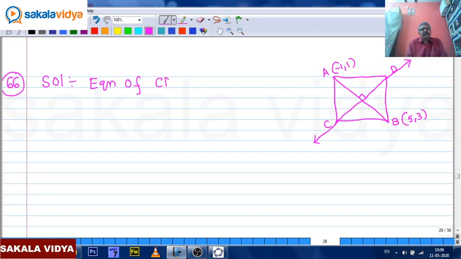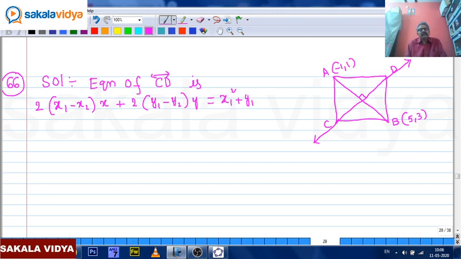The equation of CD is (x1 minus x2) times 2x plus 2 times (y1 minus y2) times y equals x1 square plus y1 square minus (x2 square plus y2 square).